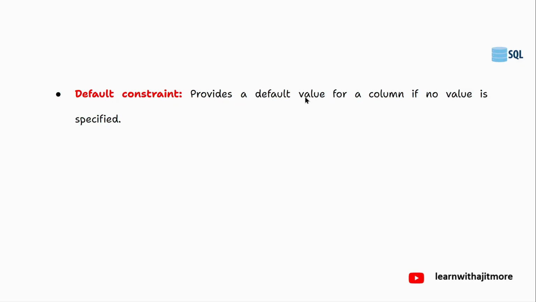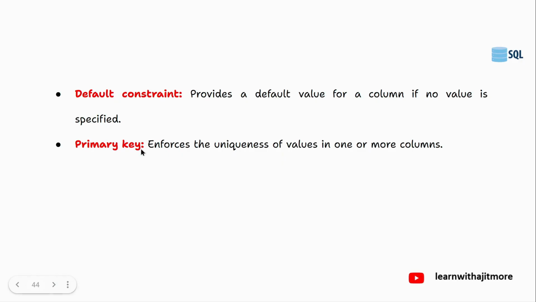For example, you have an order table with an order date. You can give the default value as current date. So whenever the order is placed, the order date will automatically be the current date, because you have given that as a default value.